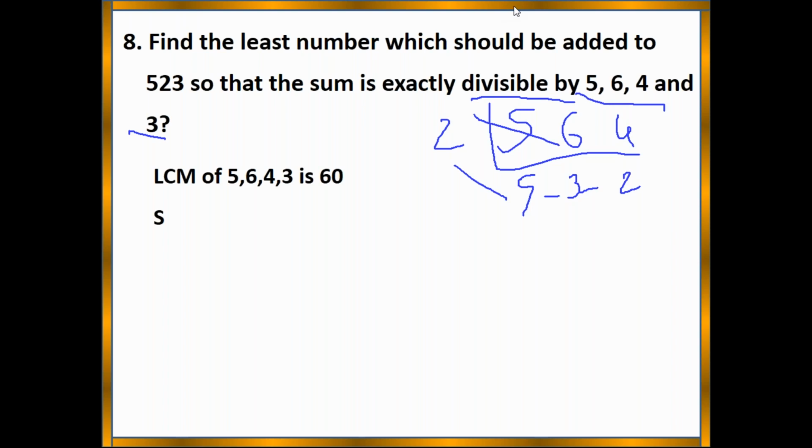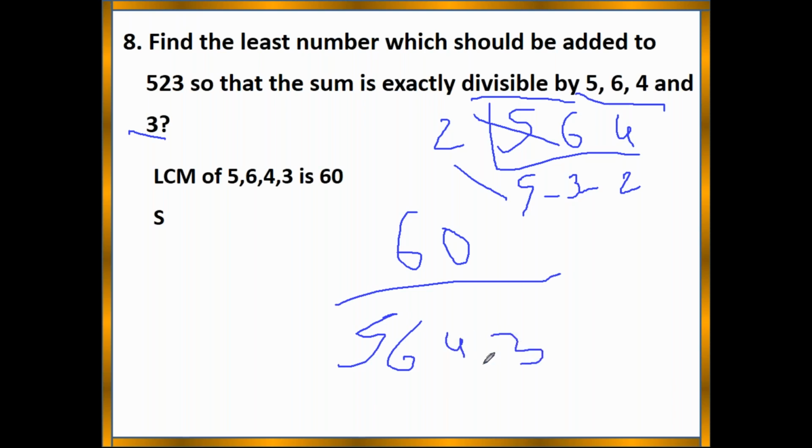For example, the meaning of that is the LCM is divisible by the given numbers 5, 6, 4, 3. Say yes or no? Divisible by 6, yes. So if 60 is divisible by 5, 6, 4, 3, all multiples of 60 are also divisible.